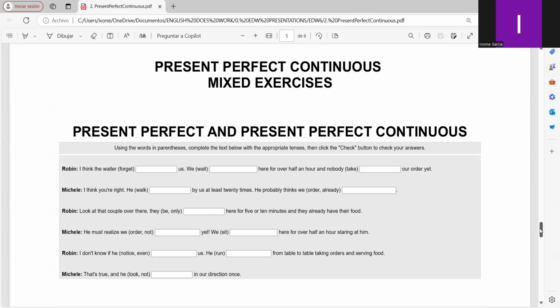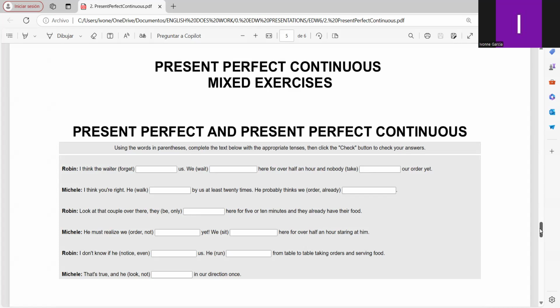But this time, I dare to share with you a hint I used a lot at the beginning when I was learning when to use the present perfect and when to use the present perfect continuous. And something that helped me a lot was to think in terms of the Spanish language, because we also have those verb tenses in Spanish, and they are similar in Spanish and in English.